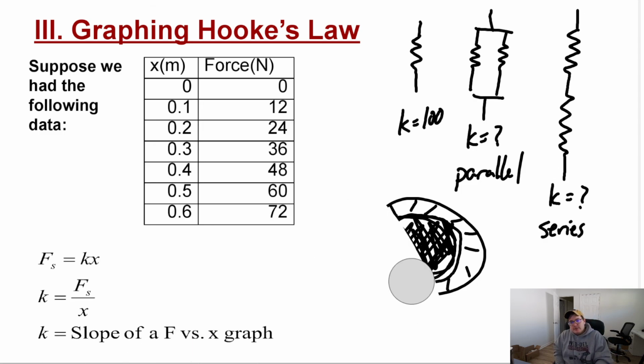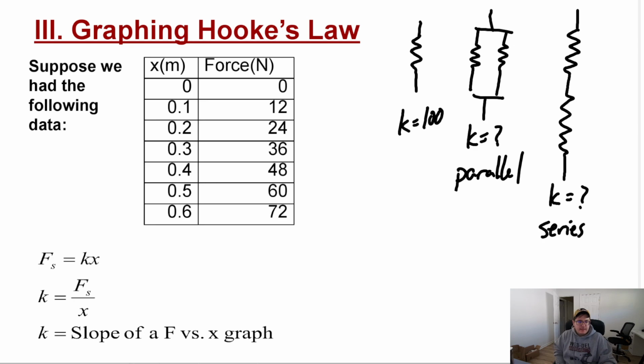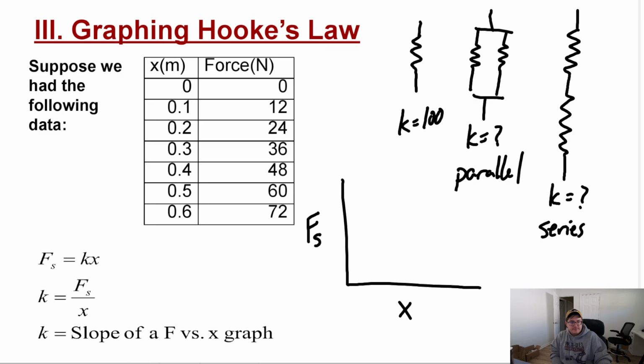I'm going to erase this real quick. And let's draw a picture. So if we were to graph the force on a spring and its stretched distance, we would find that the line of best fit would be our spring constant.